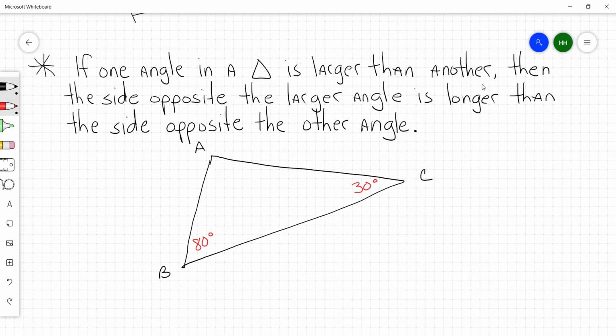Which would leave what measure for angle A? How much? 70, good. And let's switch these two angle measures. Let's make angle B 70 and angle A 80.